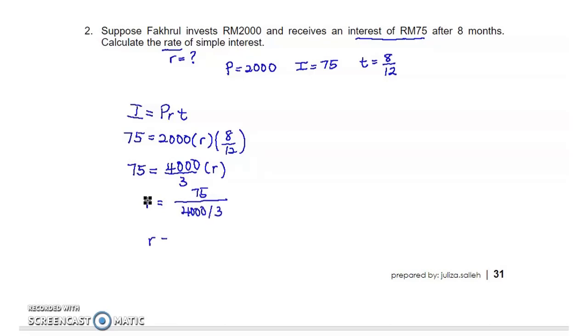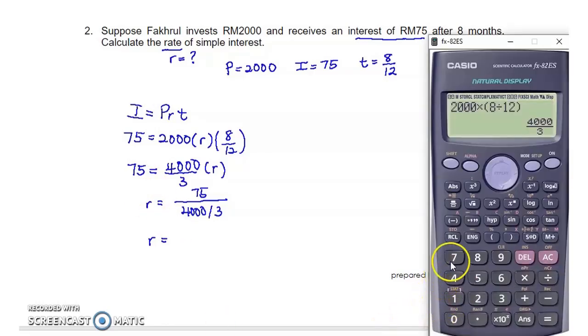So R equals 75 divided by the answer. I press Ans here, referring to the previous answer, which is 4,000 over 3. Then you change it to decimal to know how many percent.